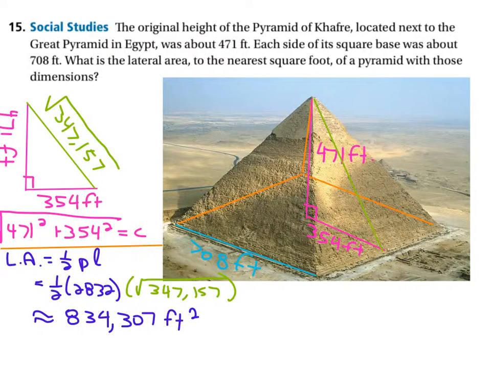Now when I type into my calculator 1/2 times 2832 times the square root of 347,157, and I hit equals, I get 834,307.6.